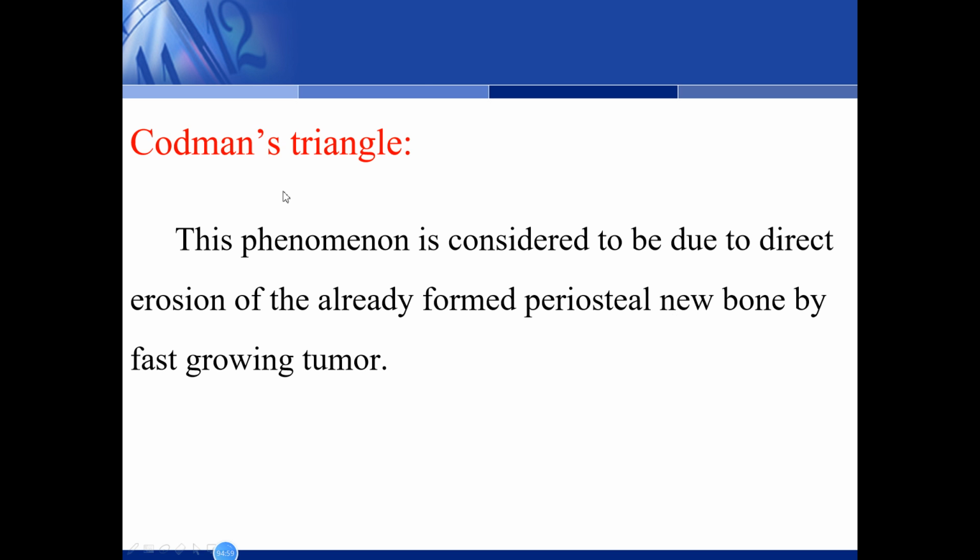The Codman triangle does not just happen in sarcoma, the osteosarcoma, but also in other malignant tumors, because it is just the erosion of already formed periosteal new bone by fast-growing tumor. So it will happen in other malignant tumors.